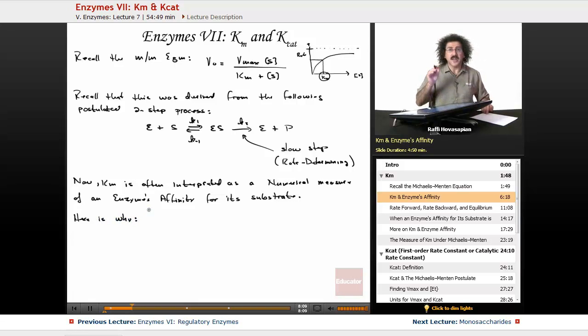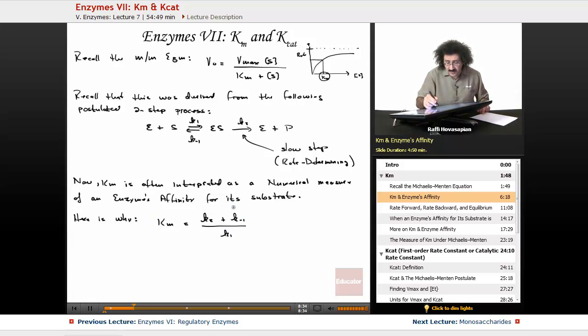Okay. Now, in the derivation of the Michaelis-Menten equation, if you want to go back a couple of lessons, the Km was a combination of the rate constants K1, K2, and K negative 1. It was K2 plus K negative 1 over K1. That was the Km.